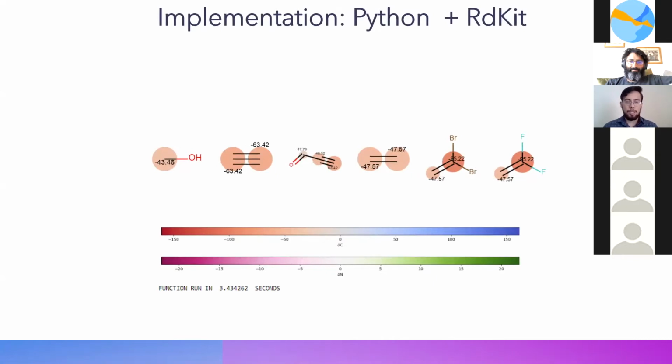You can see that we not only calculated the isotopic fractionation of these molecules, but we also created a map that has a visualization of the magnitude of different atoms. So far, we've been able to do this for carbon and nitrogen, but in the future, we want to do this for many other isotopes of different atoms. And so we made the code really easy to adapt to more atoms.